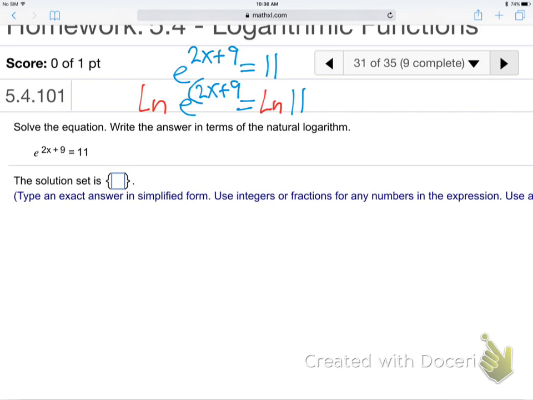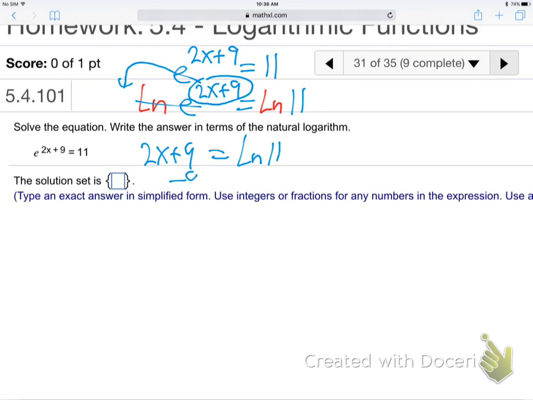And then that whole 2x plus 9 comes down to the front. And the ln of e, that's just 1. So it's just gone. Okay if I just cross that off? It's just 1, so who cares? Good to there. And then just solve for x.